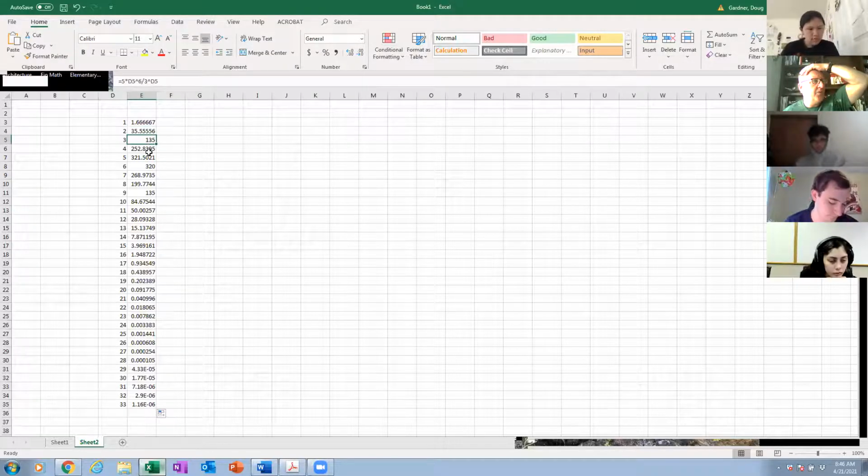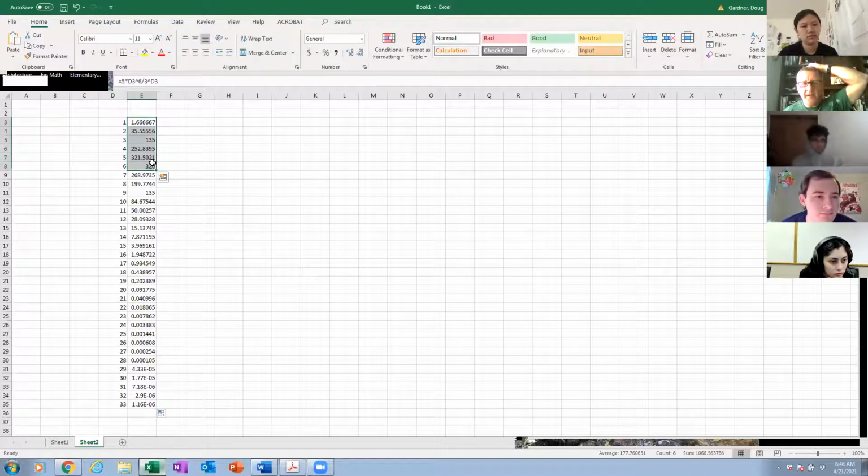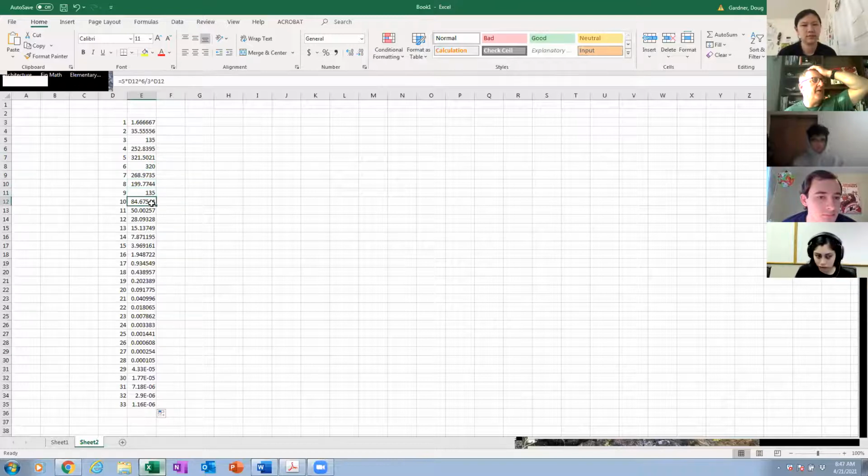And notice these numbers grow huge, like it got up to 320 was its maximum. Like notice again, it looks like, wow, this thing is not passing the divergence test. The terms are not going to zero. As a matter of fact, they're rocketing up: 1 to 35 to 135 to 250 to 321. But then notice it starts to slow down, and then all of a sudden, oh, look what's happening. Now the exponential is starting to win and the terms start dropping off.